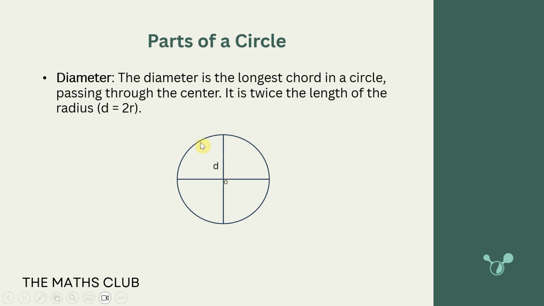If I had something like this, passing through the center, or like this, or like this, that chord is the diameter, and it is the longest chord in the circle. We said that a line from the center to any point is a radius. So this line is from the center to this place, that is one radius. It's from the center to this place, one radius, and it's a continuous line. So of course it's going to be R plus R, which is 2R. That's why they say the diameter is equal to 2 times the radius.